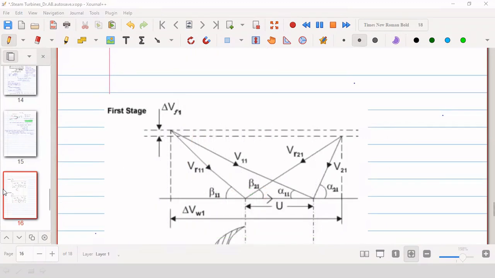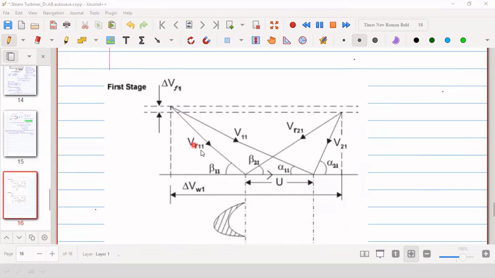For this velocity compounded impulse turbine, we will see the velocity diagram, or the combined velocity diagram rather, for the first stage. Combined velocity diagram means basically the velocity diagram at the inlet of the blade and at the exit of the blade.